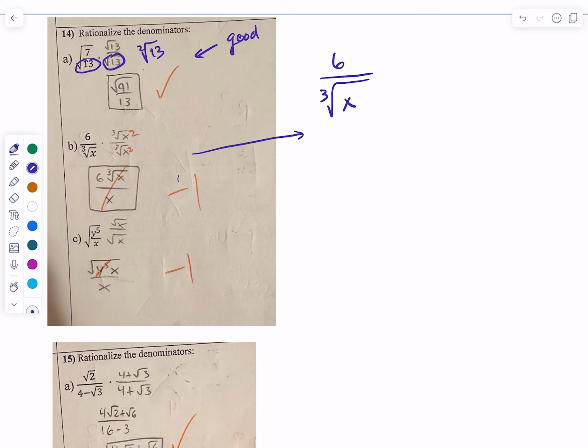But here you have to get an x cubed underneath, not an x squared underneath. Because if I just take this and do it this way, I end up with the cube root of x squared, and this can't be simplified. Whoops, this should have been cube root of x.